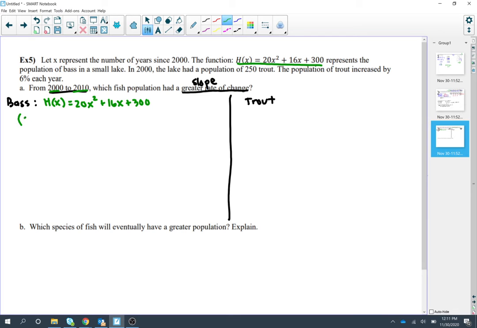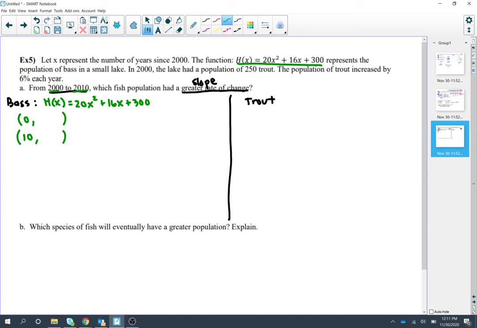So my first point is going to be 0, comma something. This is in 2000. And then 10 years later, 10, comma something. So then the question is, well, if this is my bass population, what was my starting bass population in the year 2000?